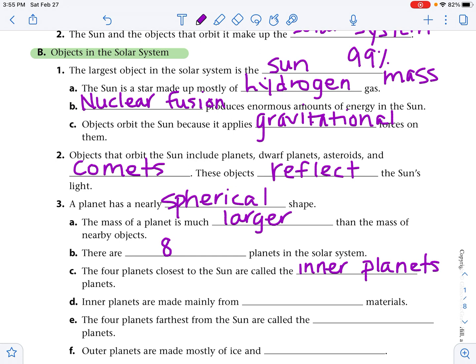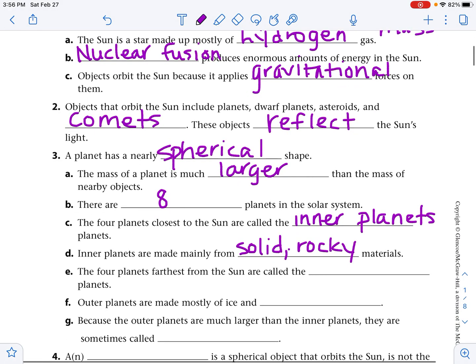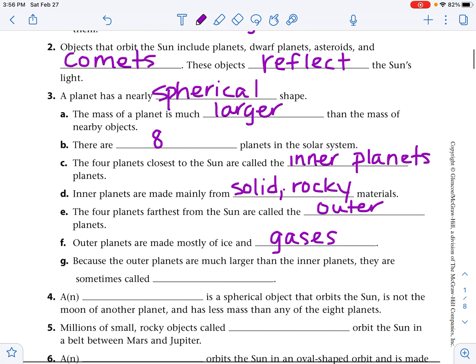The inner planets are made mainly from solid rocky material. The 4 planets farthest from the sun are called the outer planets. Outer planets are made mostly of ice and gas. Because the outer planets are much larger than the inner planets, they are sometimes called gas giants.